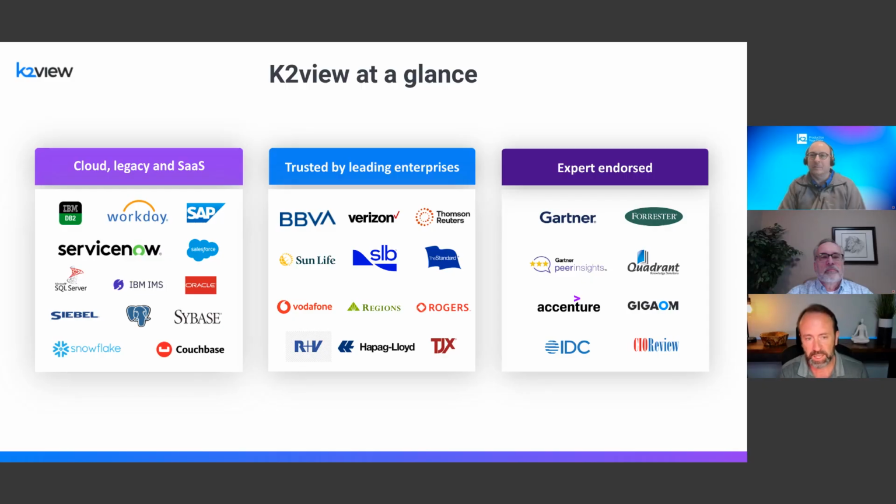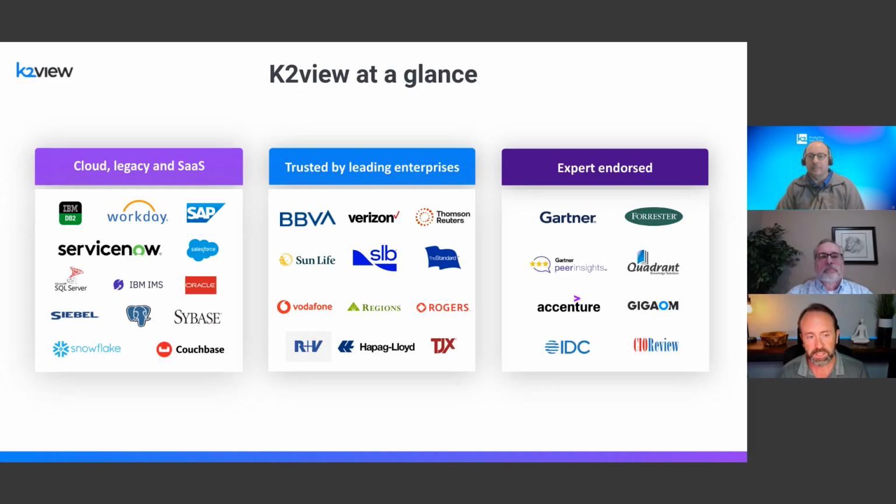But we've really, over the last few years, expanded into a lot of different additional verticals. So, banking in the FinServ industry, with insurance as well. It's been a huge growing sector for us. We've seen a lot of growth in retail as well. And there are many other sectors that I don't have time to mention here.